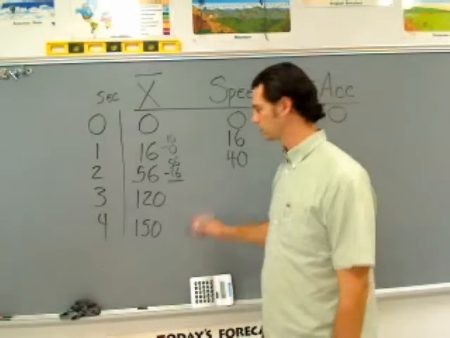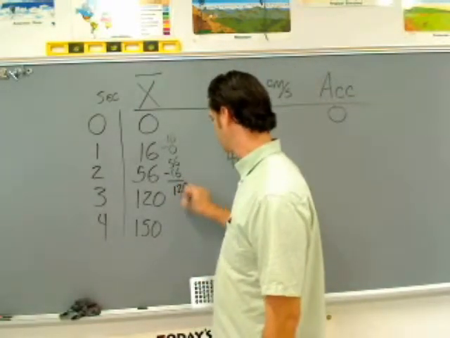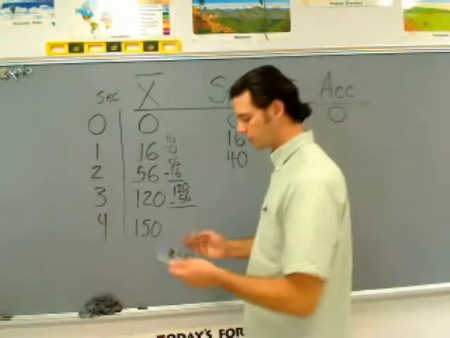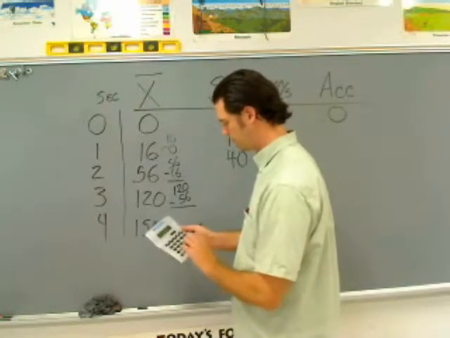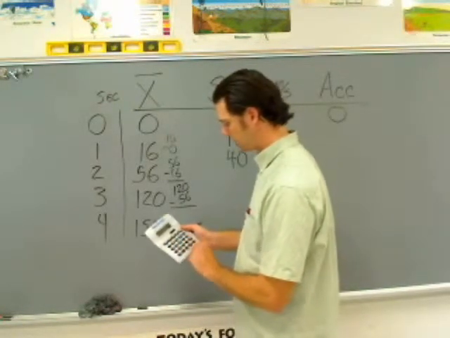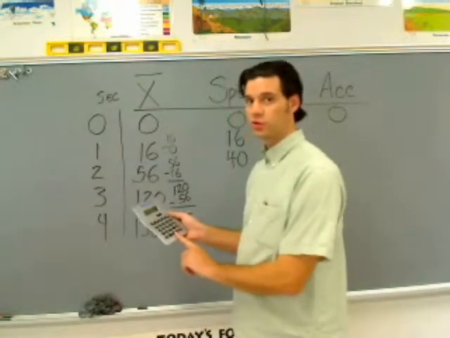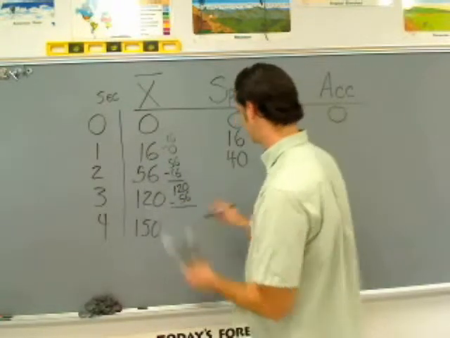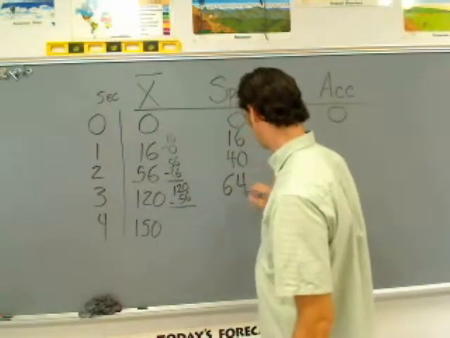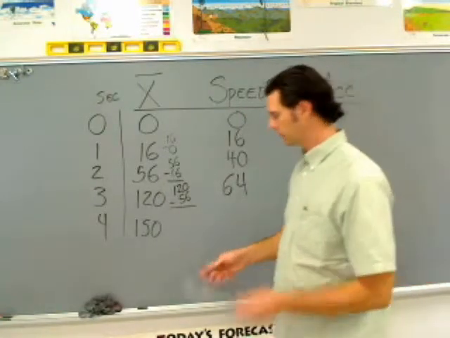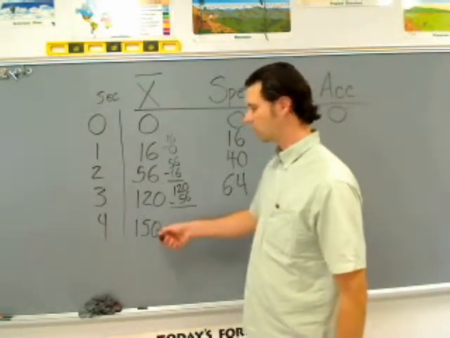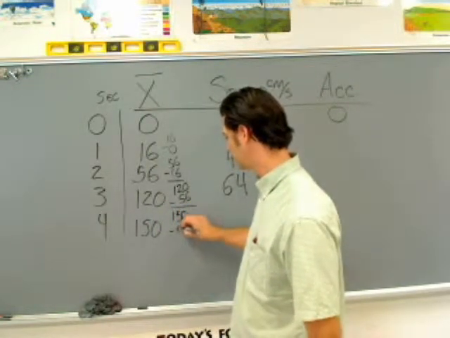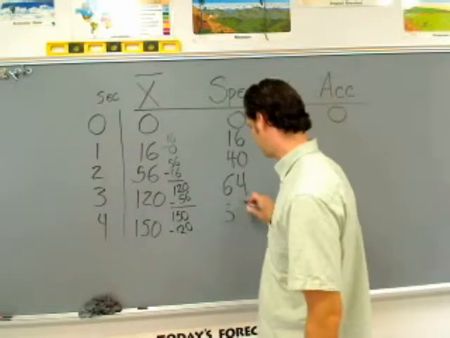Our original speed was 56. 120 subtract 56, our starting, or our original distance, and that will give us our speed, 64. Last one, same thing. Final speed, original speed. Our ending speed, our starting speed. 150, subtract 120, 30.